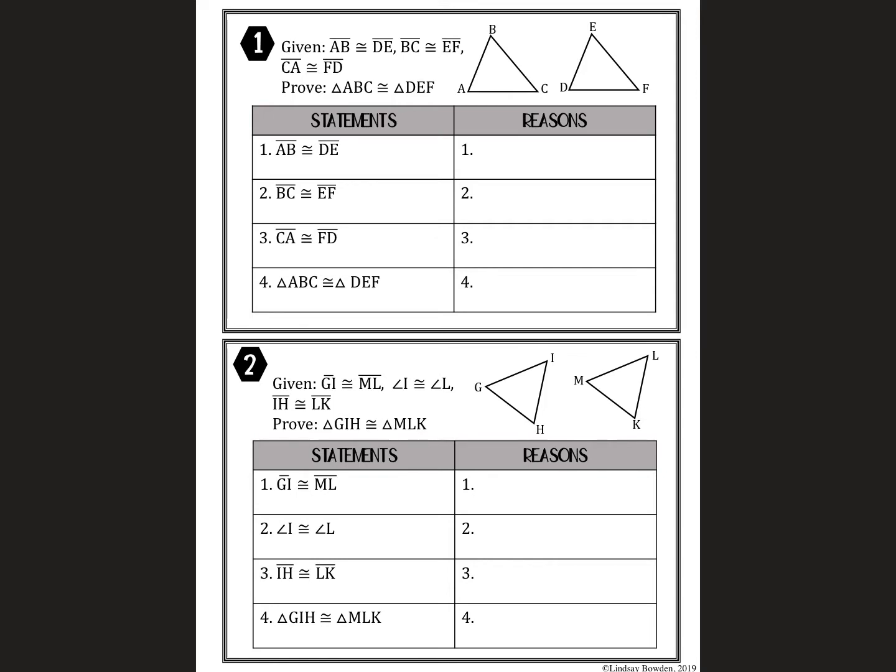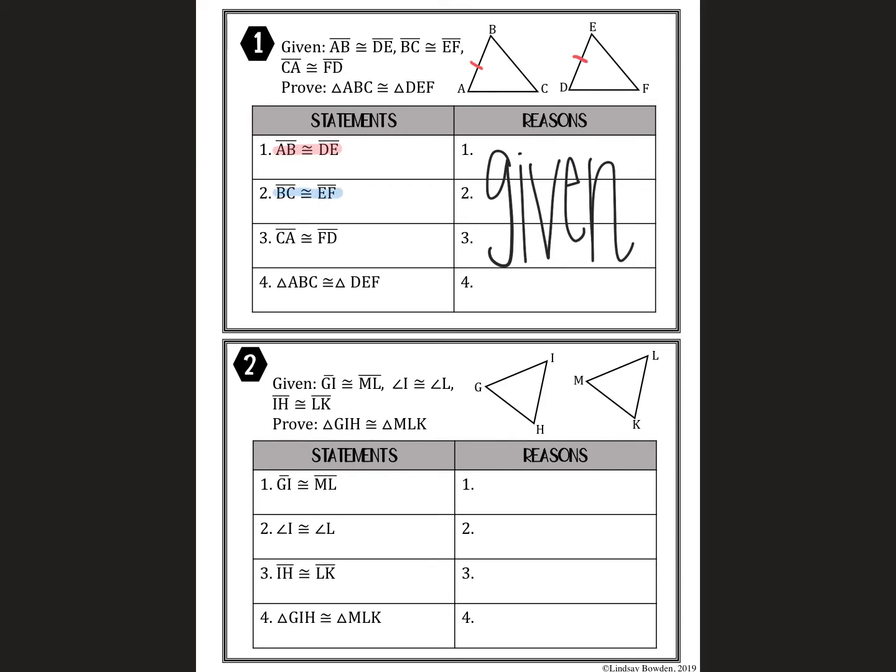So for the first one, the first 3 reasons are given to you, and you just need to make sure that you mark them accordingly. So for this first one, these are sides, and so when you mark a side, you mark them with the tick mark right in the middle of the side. They're both going to get 1 because it's the first side we've marked.